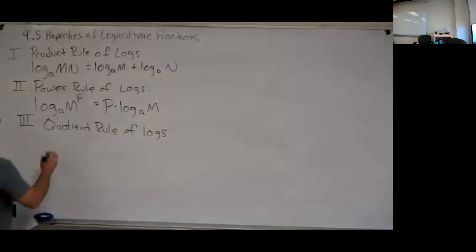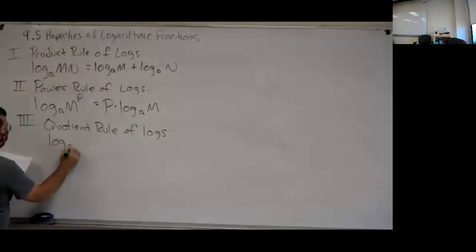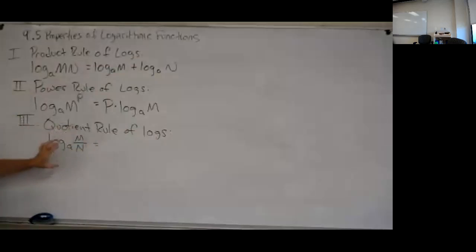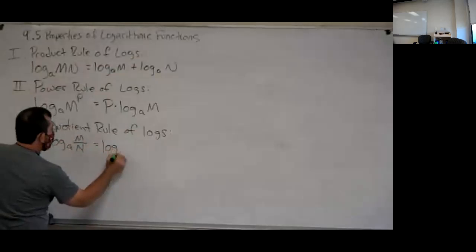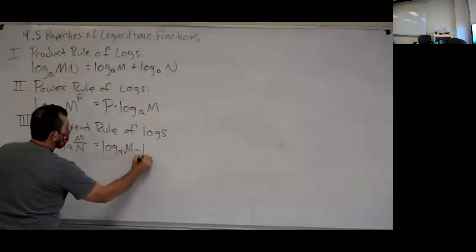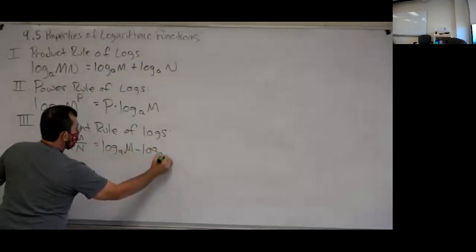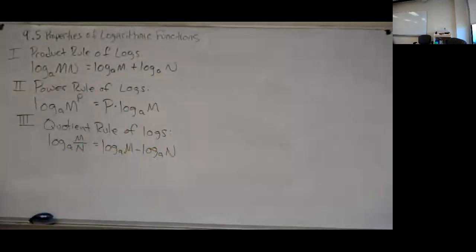So the quotient rule, I'm going to take log base A of m divided by n. I'm going to distribute the log to both of those and rewrite it as subtraction. And it's always the top minus the bottom, okay?